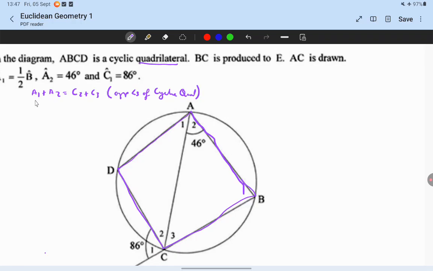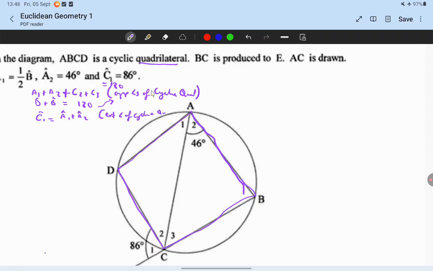And also you know that angle D plus angle B should also give you 180. Sorry, here I didn't write it nicely. So this plus that is equal to 180, the same reason, right? And also you know that C1, being the exterior angle, should be equivalent to A1 plus A2, and this is the exterior angle of a cyclic quad.